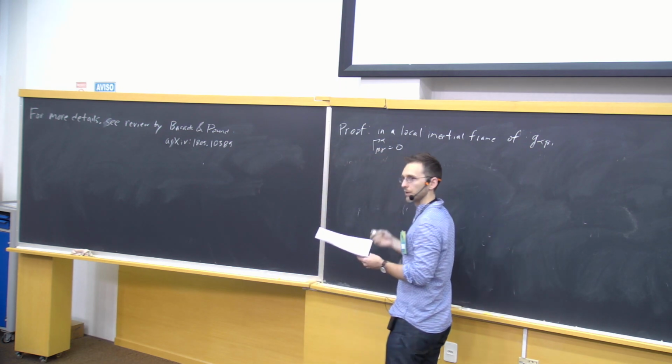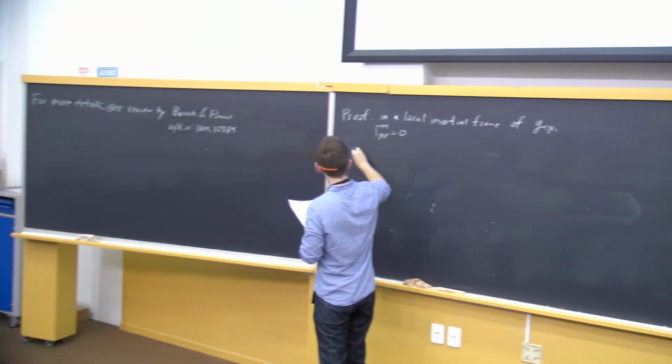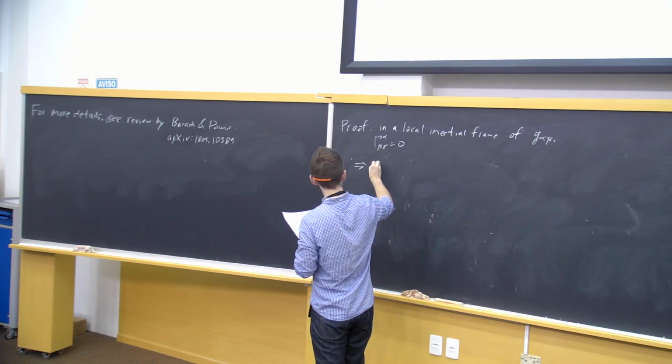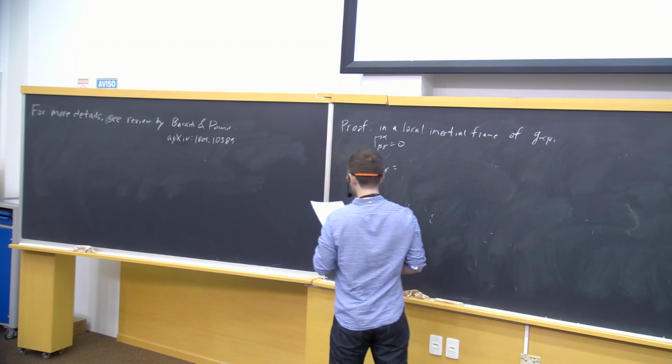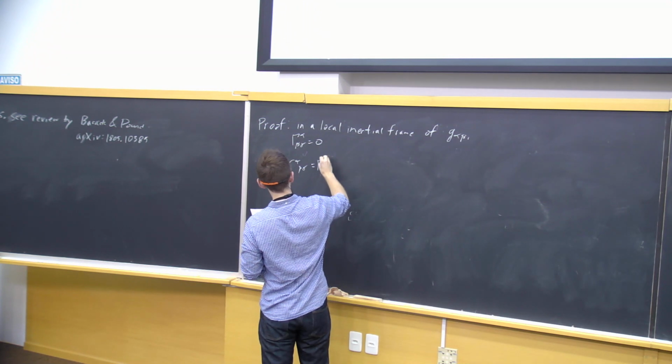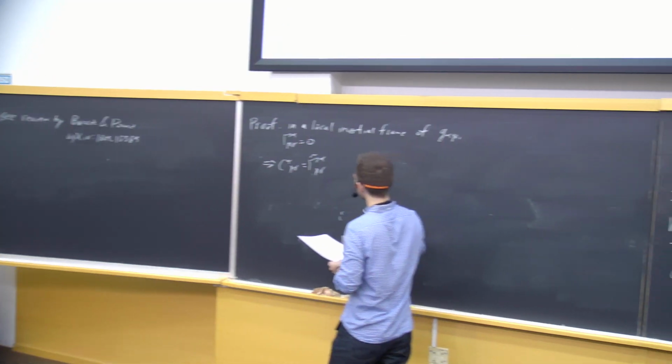So here I'm just choosing a particular coordinate system. In that coordinate system, C alpha beta gamma is just given by the Christoffel symbols of the exact metric.